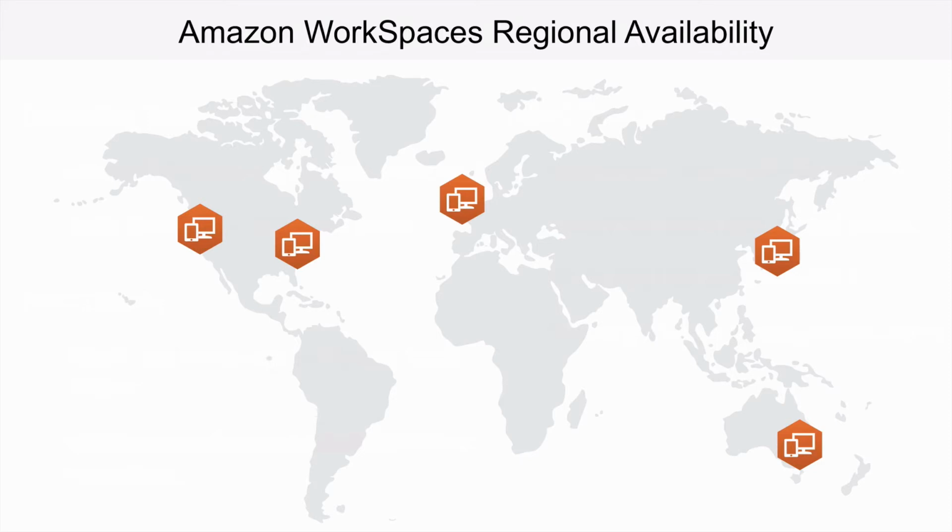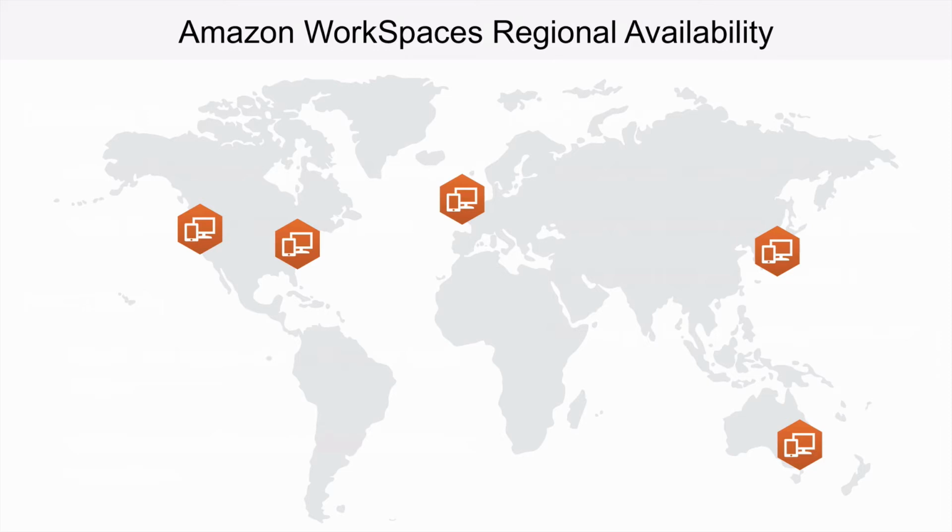But of course, the global and regional distribution of the Workspaces service means that you can connect your clients to a Workspaces environment that offers low latency and consistently good performance. And we would recommend that you do that. So if you're using or offering Workspaces desktops to users in the European Union, then you should use the EU West 1 region in Ireland to do that. And you'll get good and consistent performance with low latency for those users.